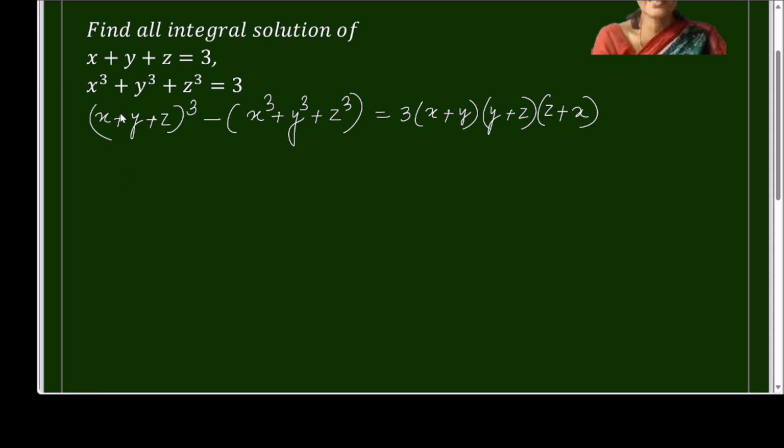Applying here, x plus y plus z is 3, so 3 cube minus 3 equals 3 times (x plus y) into (y plus z) into (z plus x).